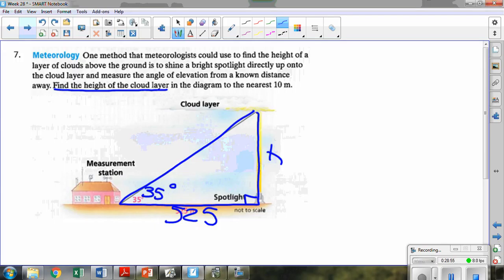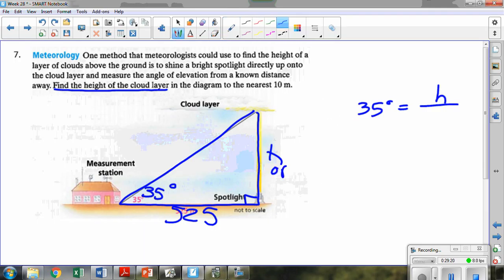Well, based on this information, what can you do with it? Cosine of 35 is adjacent over hypotenuse. Well, we have opposite and not hypotenuse. Since we don't have hypotenuse, cosine isn't the right one to go with.